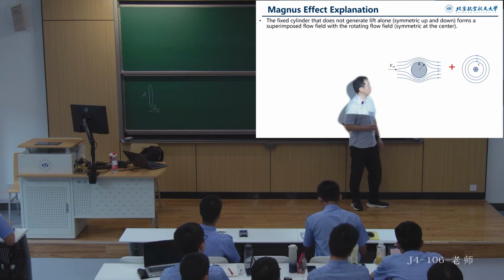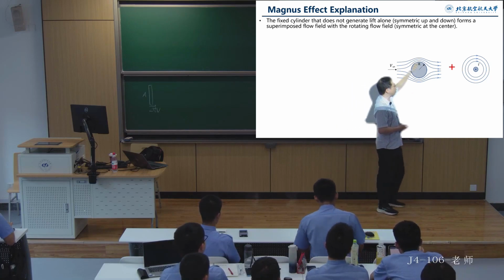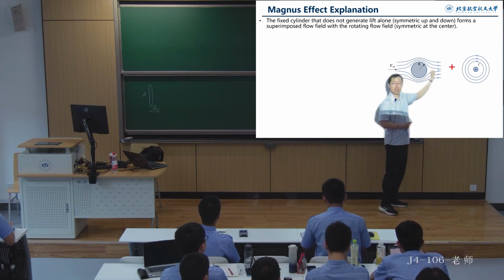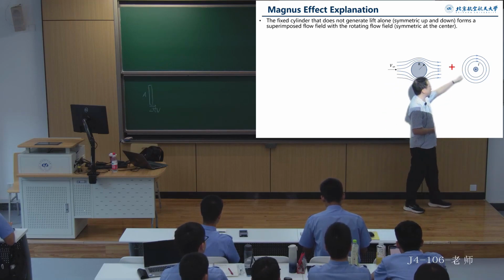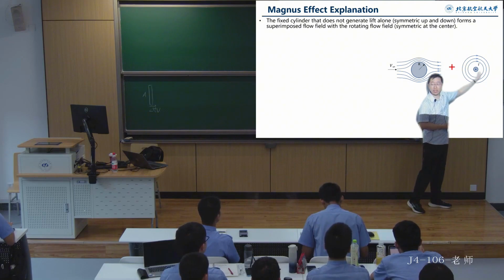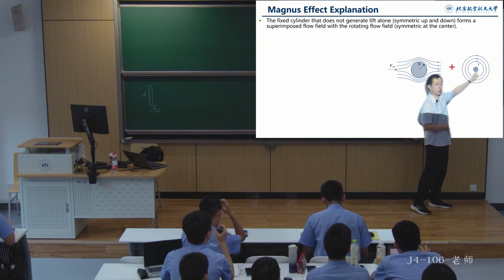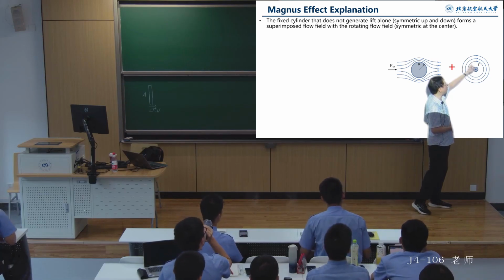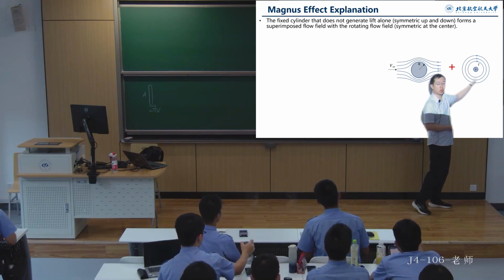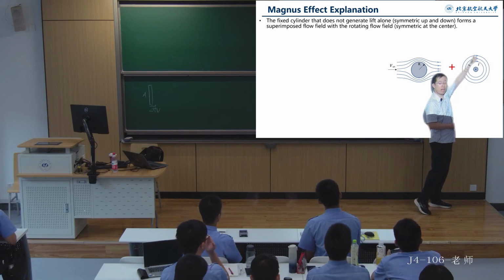At this point, if I add a rotation to this cylinder, essentially it's equivalent to superimposing a rotational flow on this flow. This rotational flow has a higher rotational speed the closer it is to the center, and the rotational speed will be smaller the further out it is.